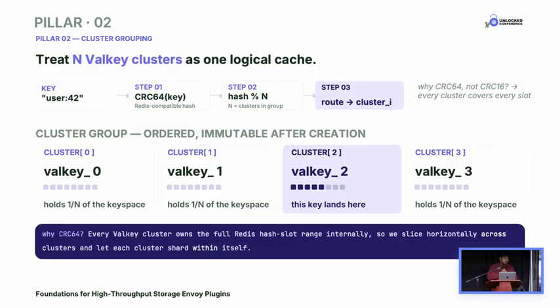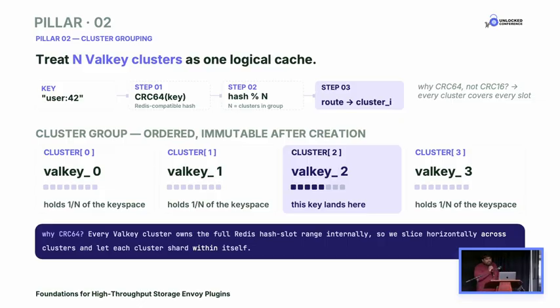So we built something called a cluster group, where we have an array of cache instances which are static, and the ordering matters. We configure this at bootstrap time, and we hash the request key uniformly across these caches and use that hash to route to one of the caches in the cluster group. It's basically horizontal sharding.